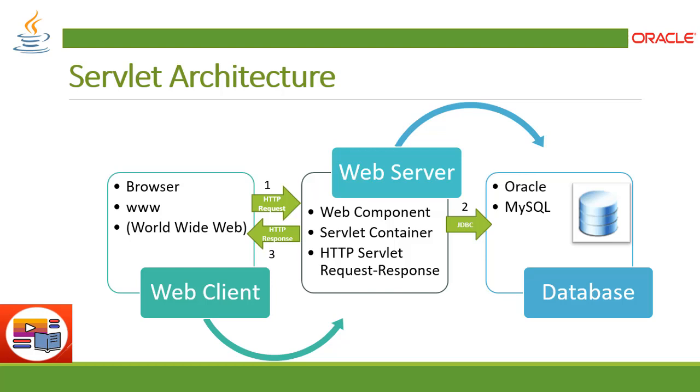And if it is required to contact the database, it goes to the database with the help of JDBC, processes the input, gets the output, and provides the response back to the client with the help of HTTP response. So this was a complete process.